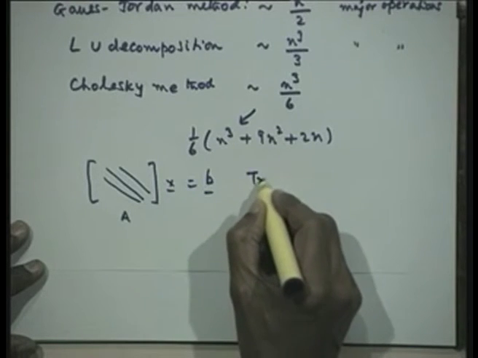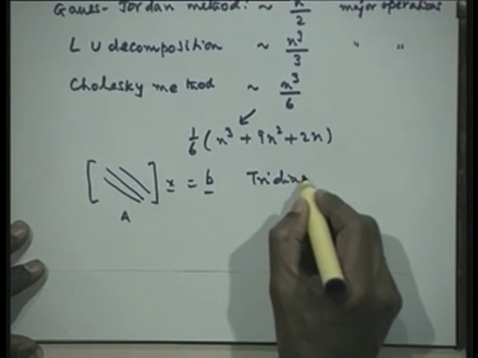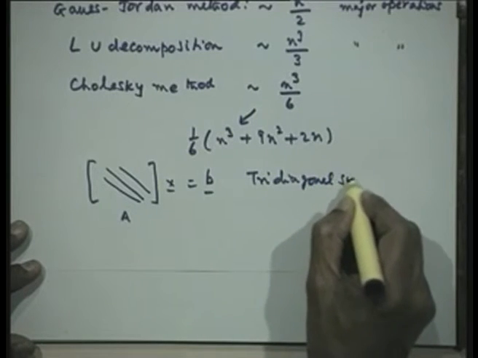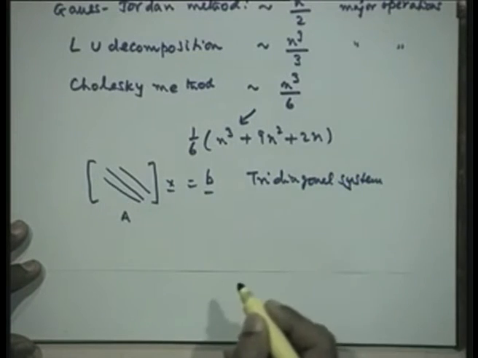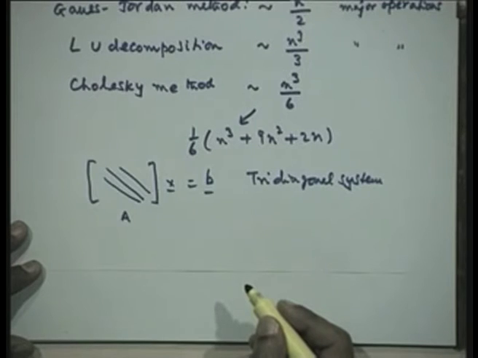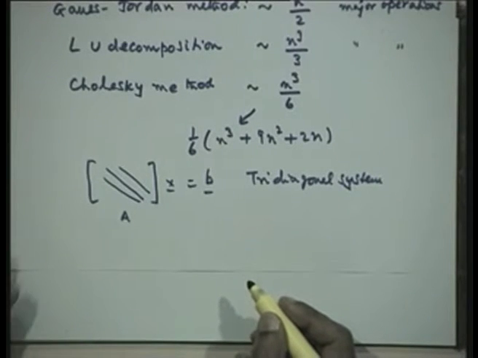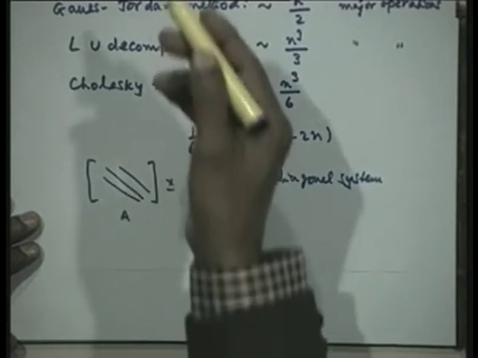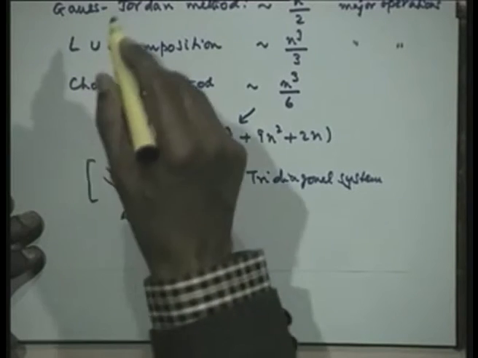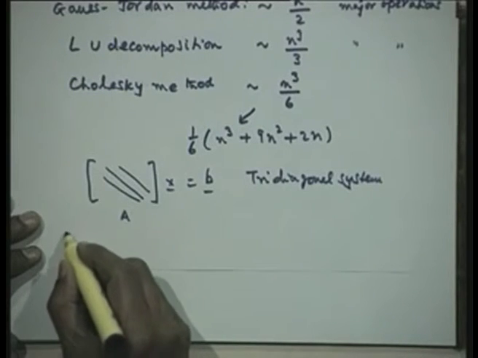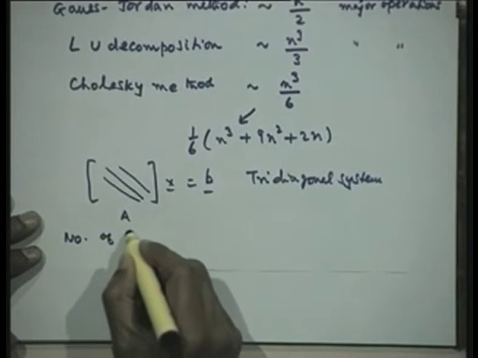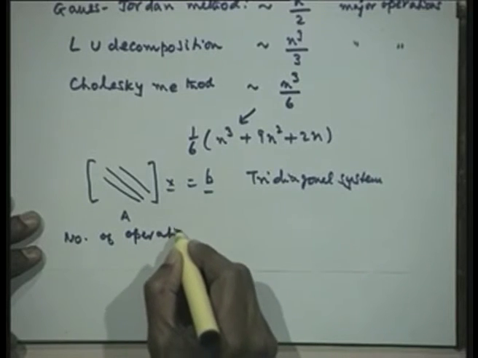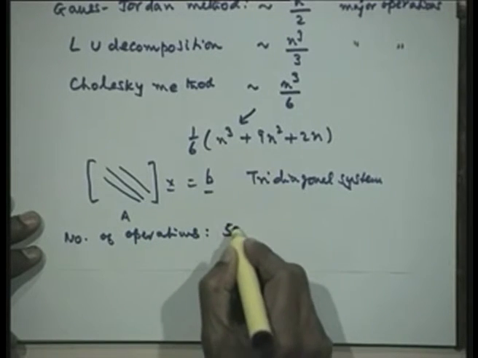So, we shall call this a tridiagonal system of equations. Now, interestingly, the number of operations for this tridiagonal system is 5n minus 4.